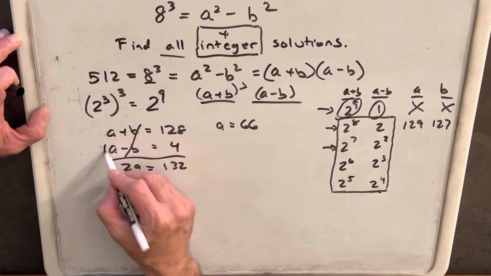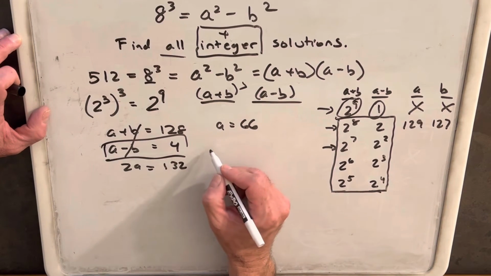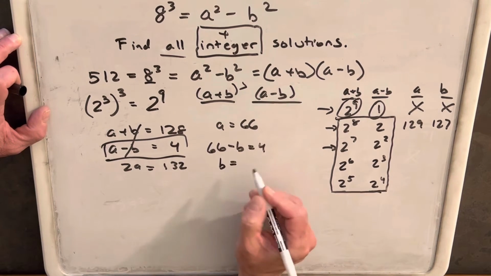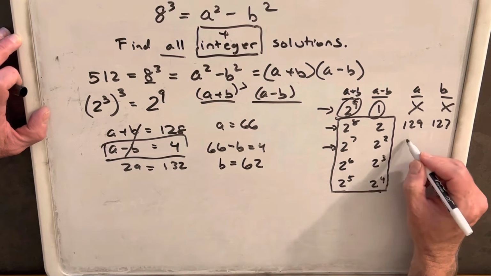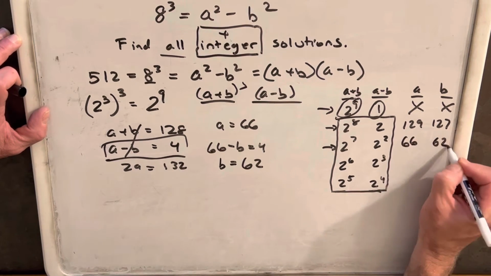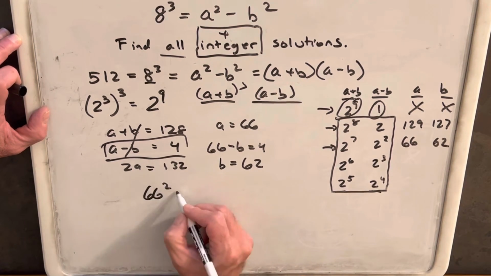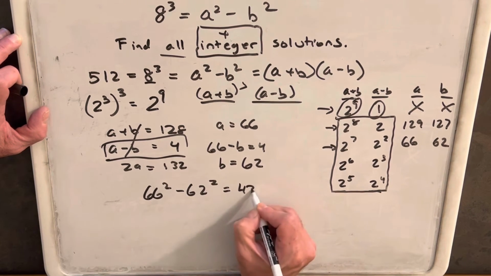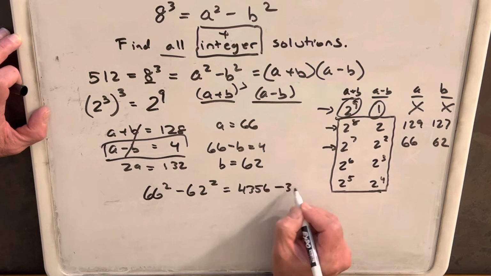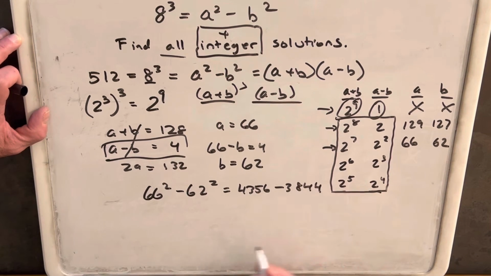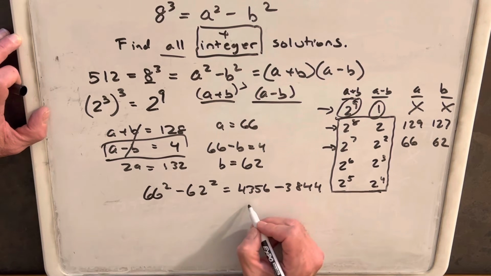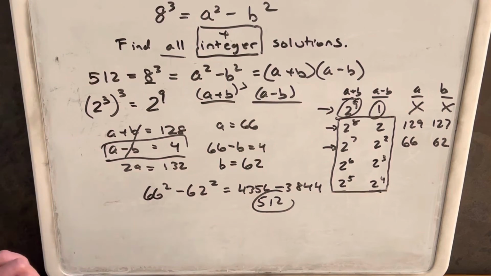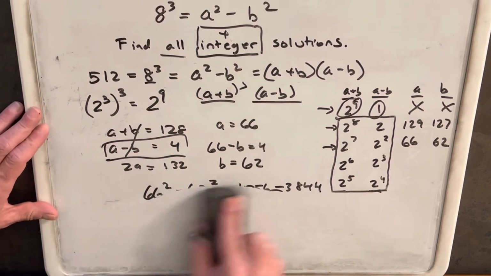Then we'll use our second equation again. 66 minus b equals 4, so that means b equals 62. Plug that into our chart. Do a quick confirmation. We don't need to do this part, by the way, it's going to work, but I just like to do it to be sure I didn't make a mistake. And yep, that's 512. So let's go on to our next one.